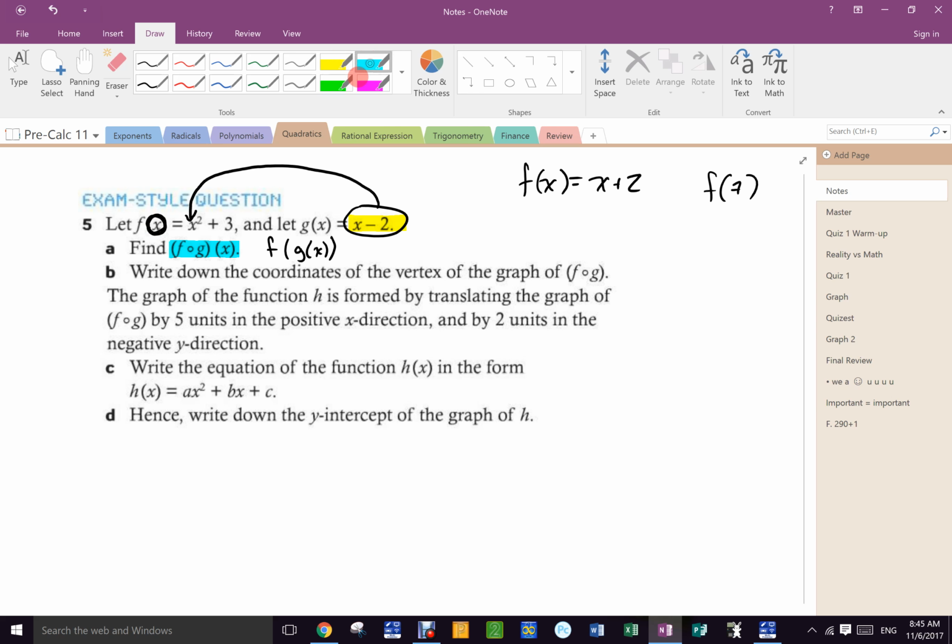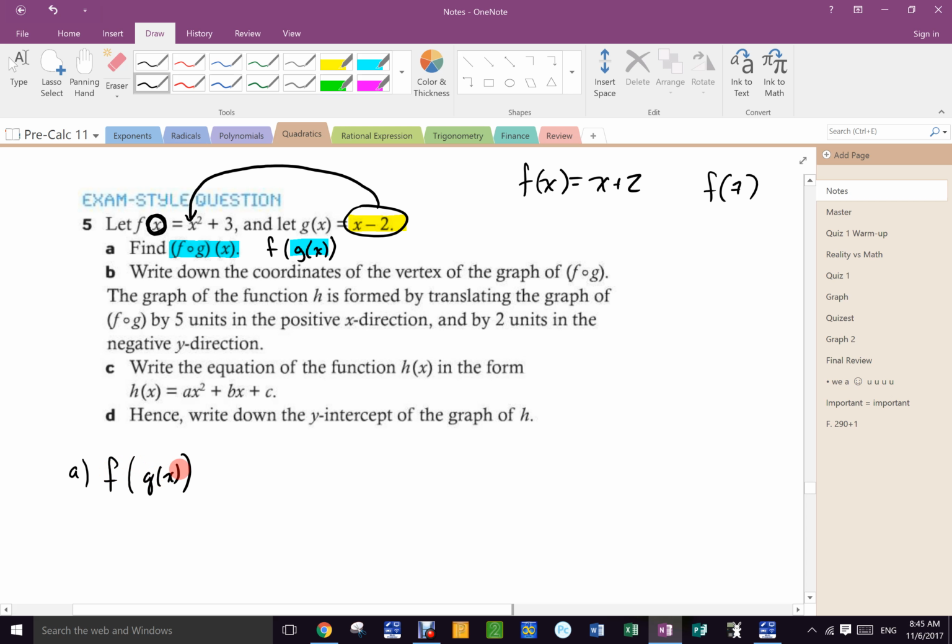What did I do right there instead of writing f of x? I wrote f of the g of x. What is the g of x? x minus 2.